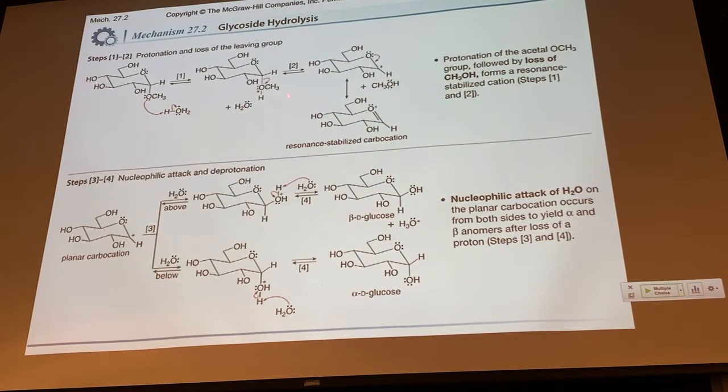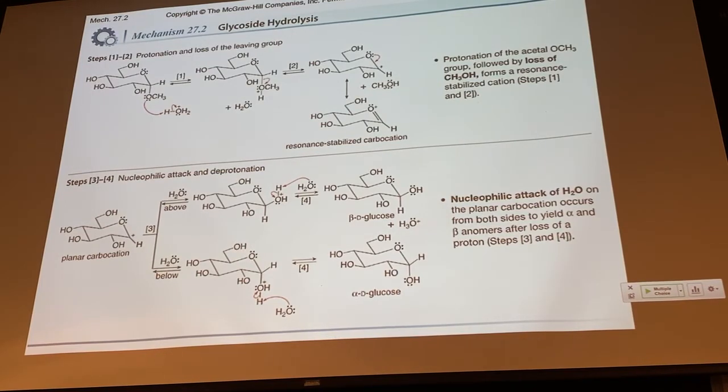We're just using the alcohol, which is methanol in this case, as the leaving group as opposed to water. And then the other difference is we're using water as the nucleophile. And so the water is attacking that cation either above or below. The book is showing it from the minor contributor. You can show the minor or the major contributor. It doesn't matter. Giving us our mixture of anomers. And then we just use water as the base to do the final deprotonation. Any questions about that mechanism?